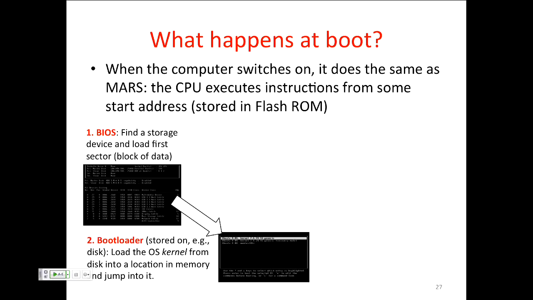The bootloader, on the other hand, does. It is smart enough to access a hard drive, find a certain directory, and find an executable file that contains the operating system. So it will load your operating system into some location in memory, and then jump into the entry function for that operating system, something equivalent to main, basically.